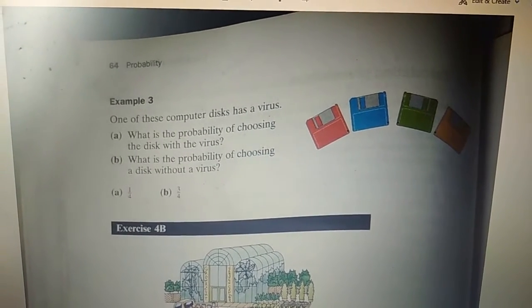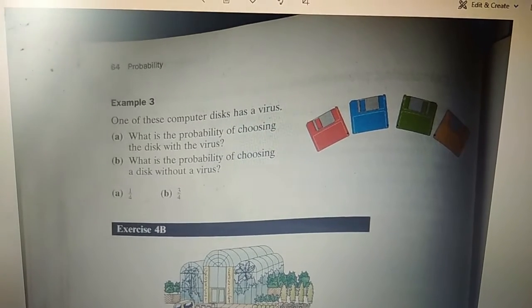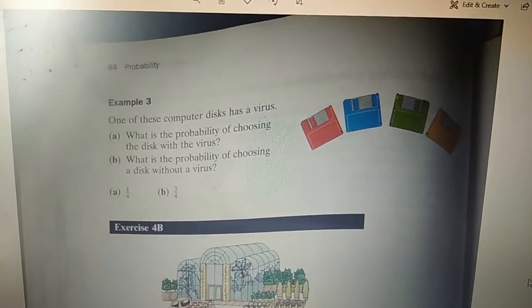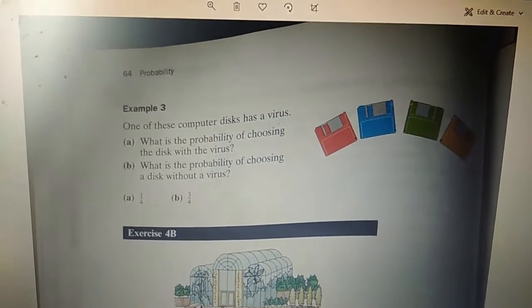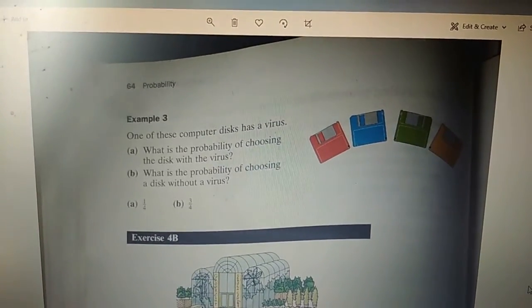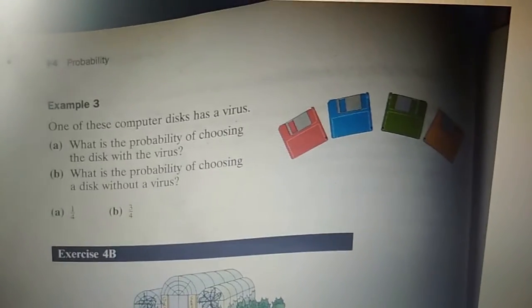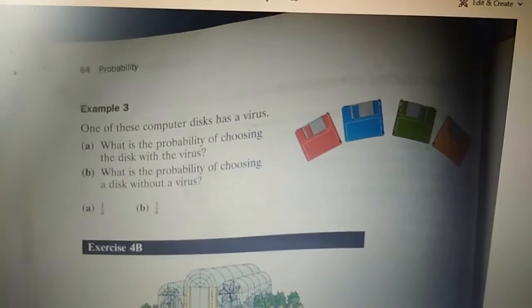It should definitely be 1 by 4. Total disks is 4, so the probability will be 1 by 4. Why? Because we are choosing just 1 disk with the virus out of these 4 disks. The second one asks, what is the probability of choosing a disk without a virus?